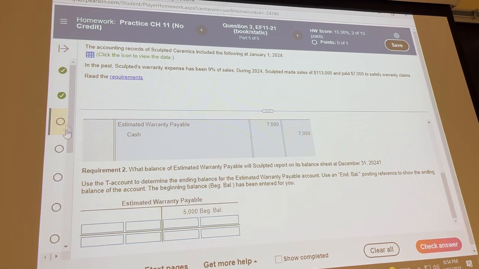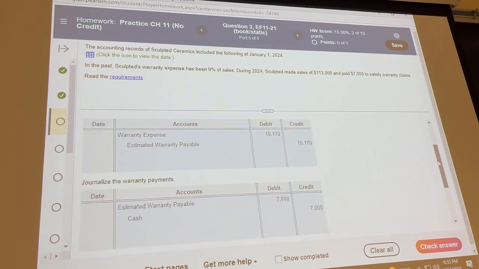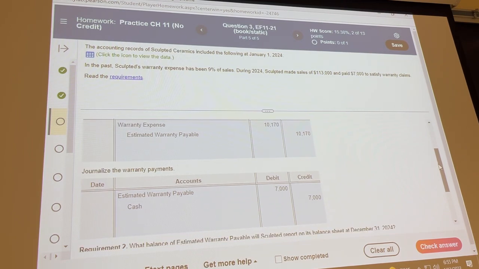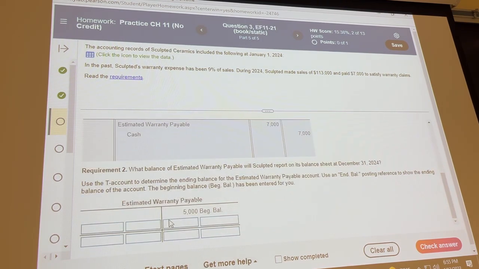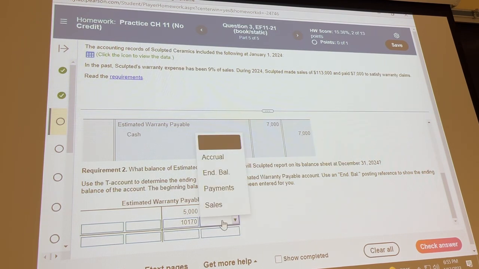Okay, then we're supposed to do the T account for estimated warranty payable. So it had a beginning balance credit of $5,000. So in the first journal entry, we did a credit to that account of $10,170. And for that, we would call that the accrual.